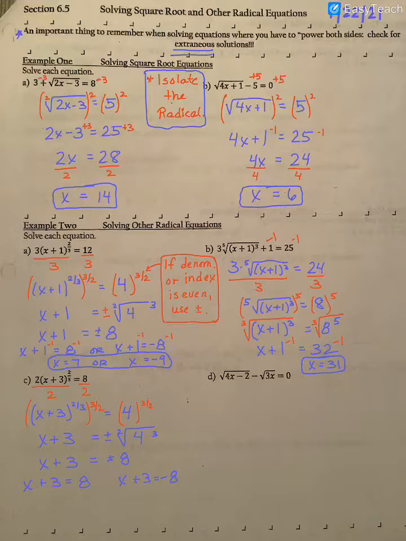We're going to subtract 3. So in the first one, 8 minus 3 gives me an answer of 5. And in the other one, negative 8 minus 3 gives me an answer of negative 11. So I have answers of 5 and negative 11.